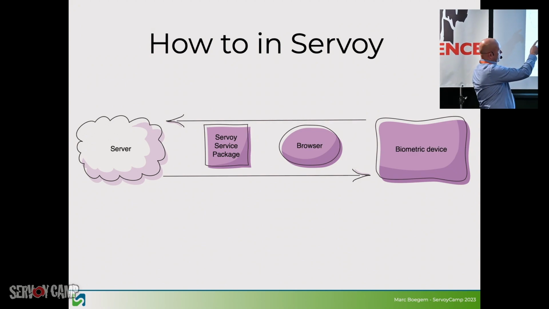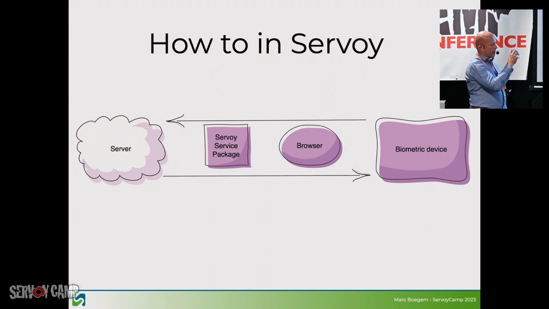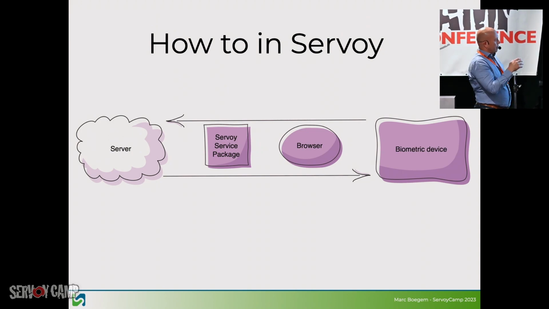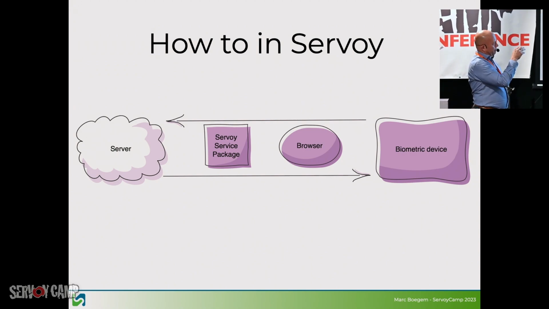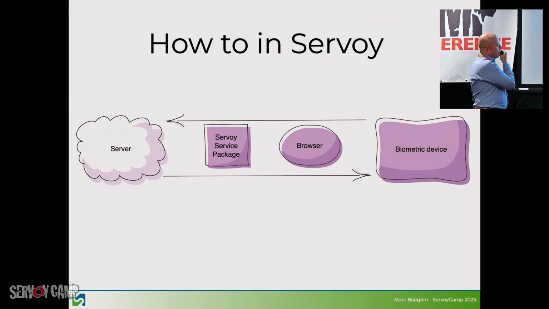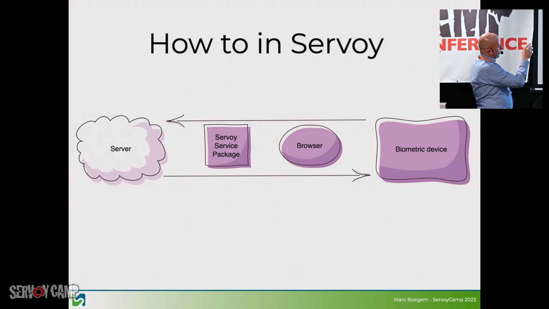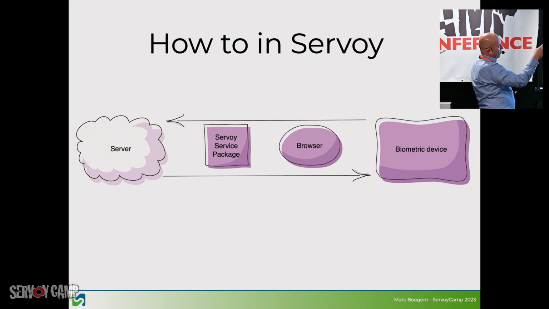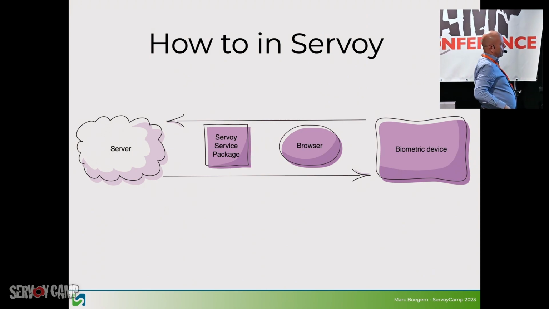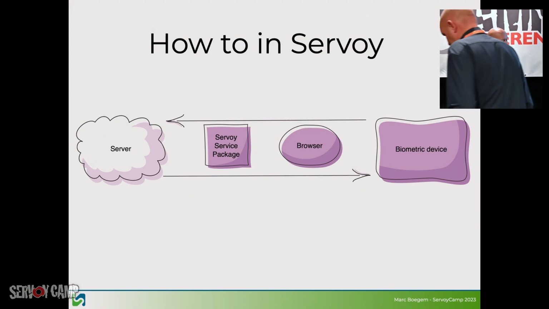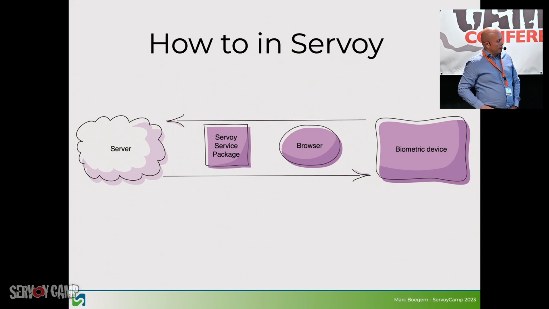Then we're using a Servoy service package to handle all the browser stuff, to do the actual work in the browser. That will connect with a biometric device such as your phone or whatever. It can be on the browser as well, or on your laptop. And then all that information is sent back the other way around.